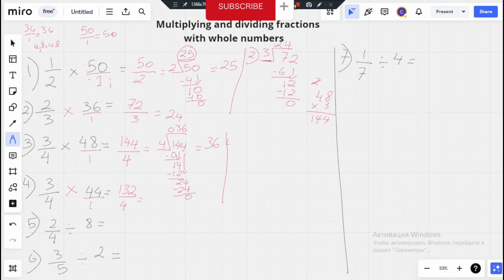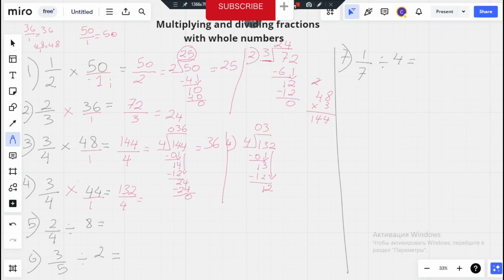Now we come over here for number 4. 132 divided by 4. How many 4s can you put in 1? 0. 0 times 4, that's 0. 1. Bring down the 3. How many 4s can you put in 13? That's 3. 3 times 4, that's 12. 13 minus 12, that's 1.